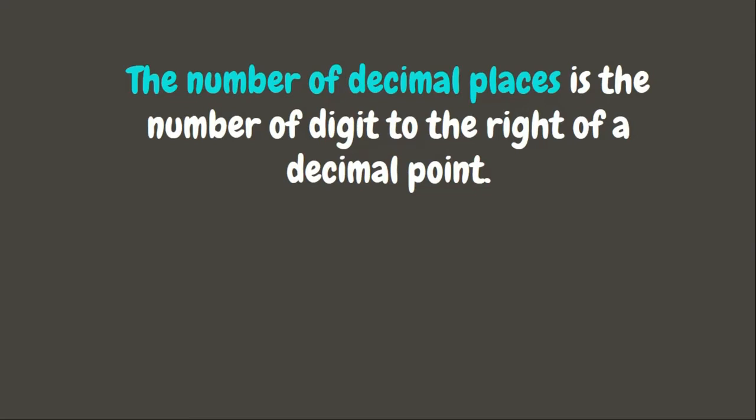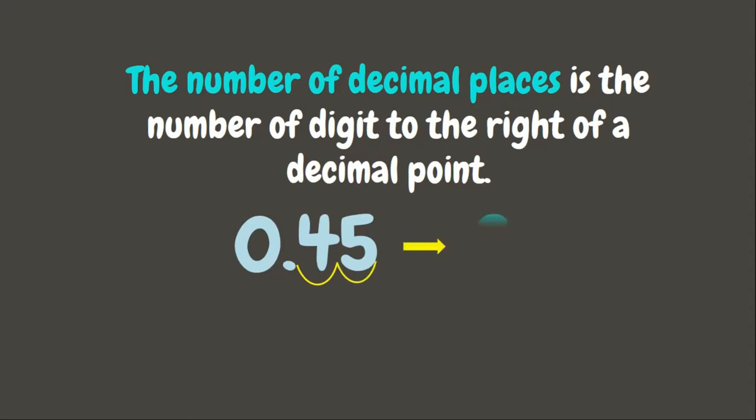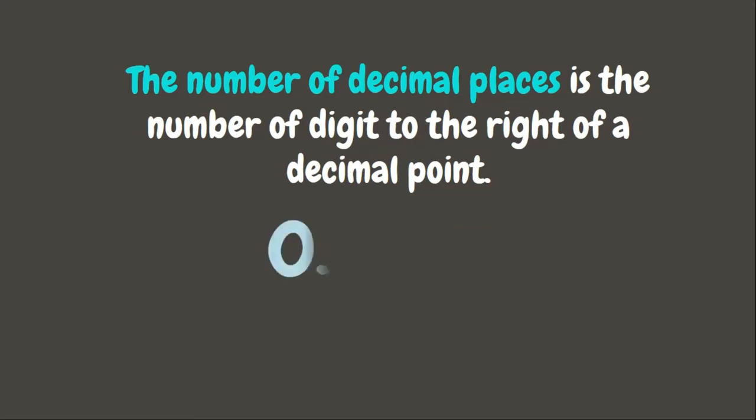Let's take a look at this example. 0.35. Let us count the decimal places. 1, 2. Therefore, 0.35 has 2 decimal places. Let's have another one. 0.5.